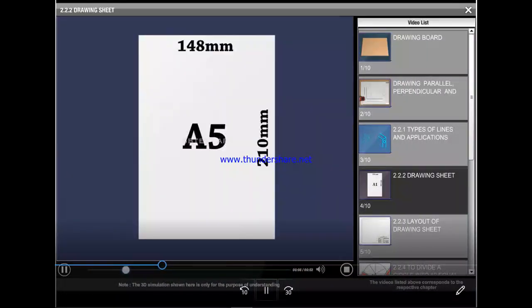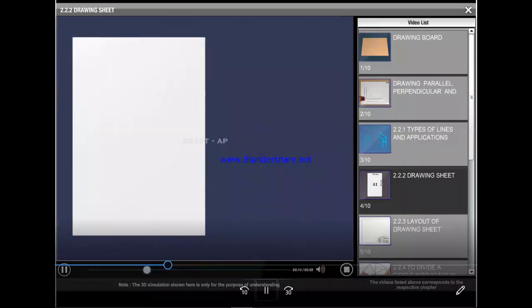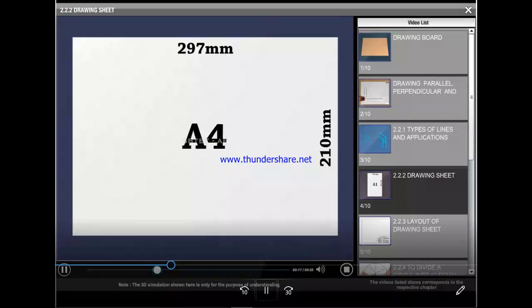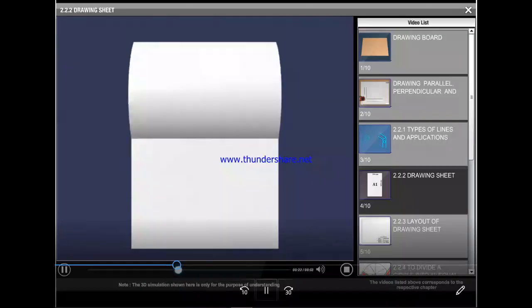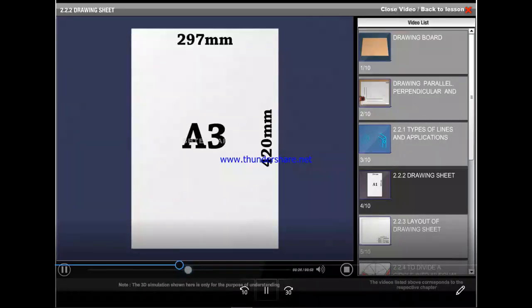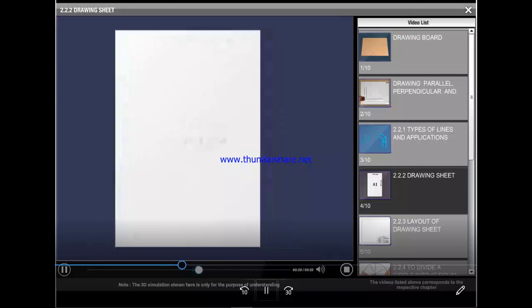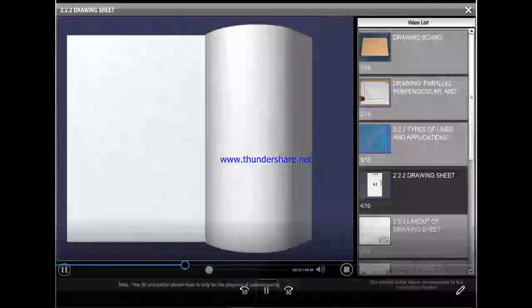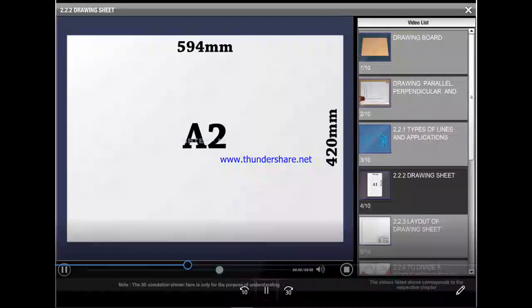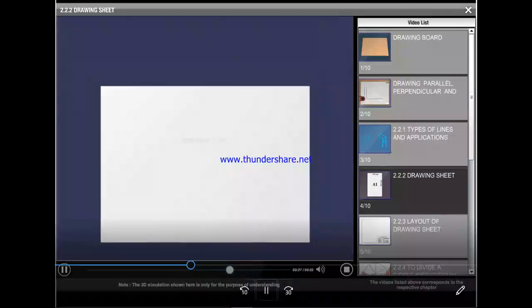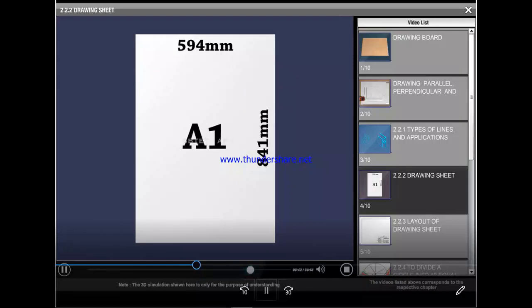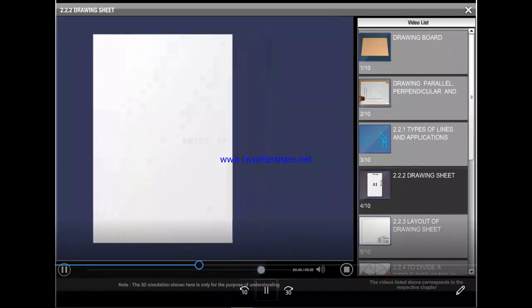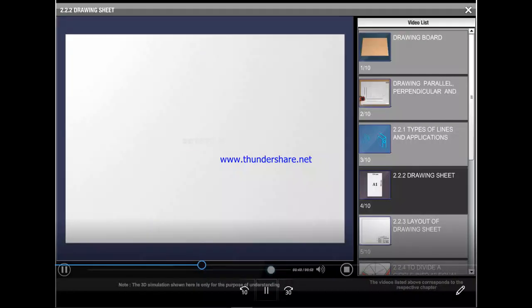Drawing sheets are available in different sizes, namely A5, A4, A3, A2, A1 and A0.